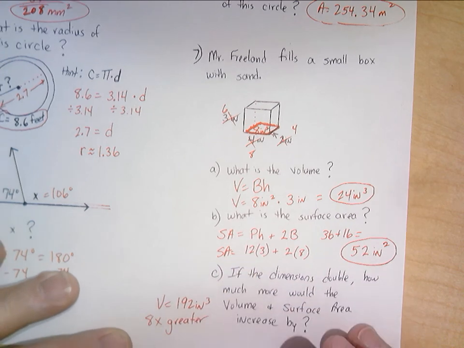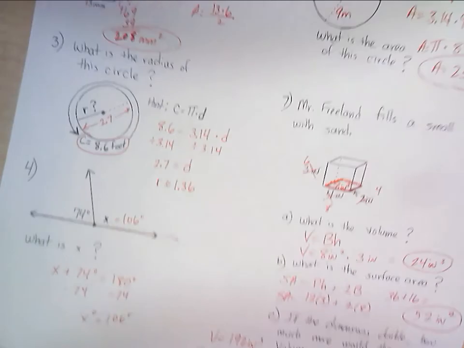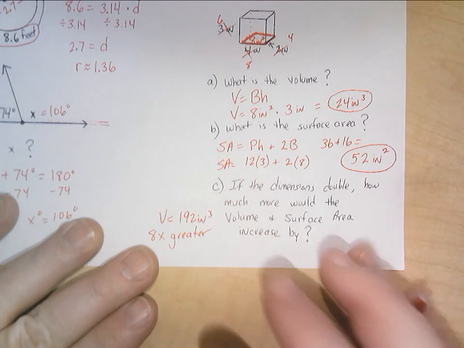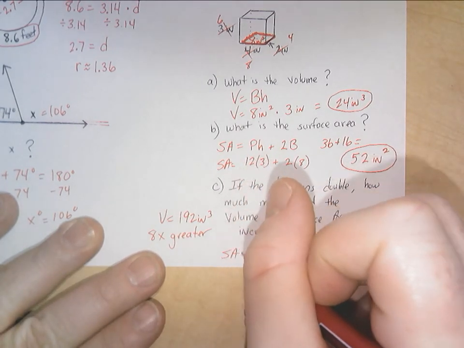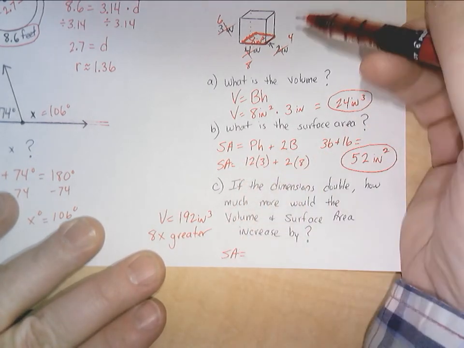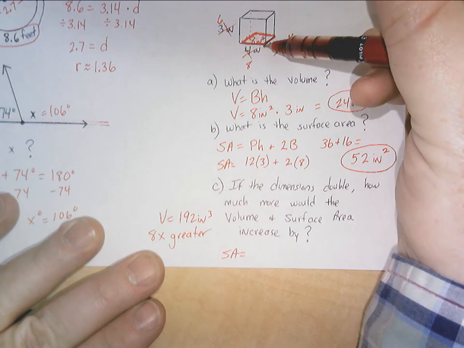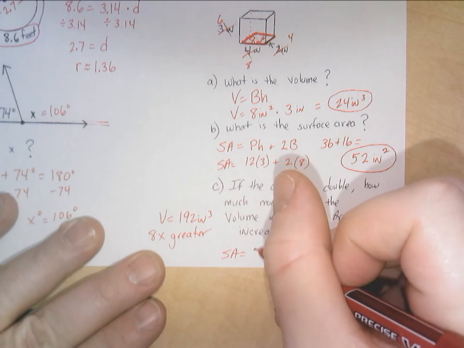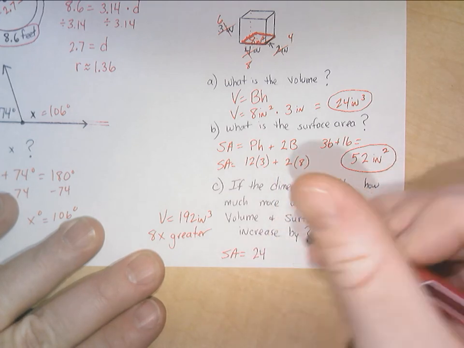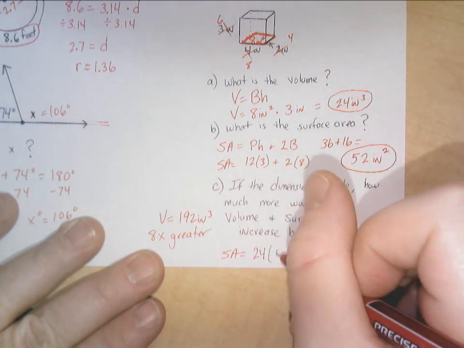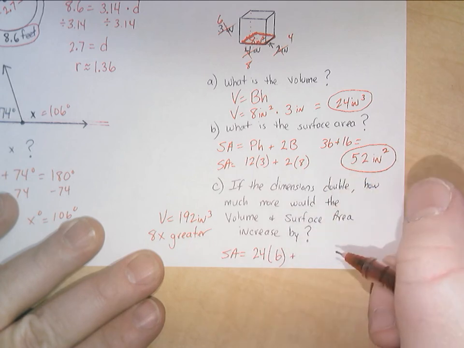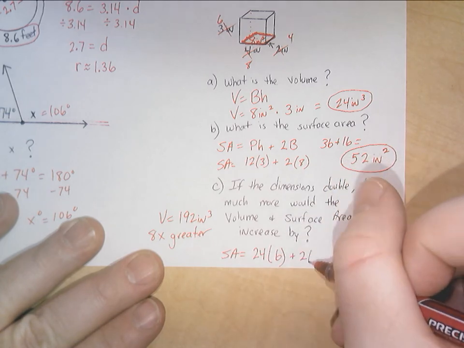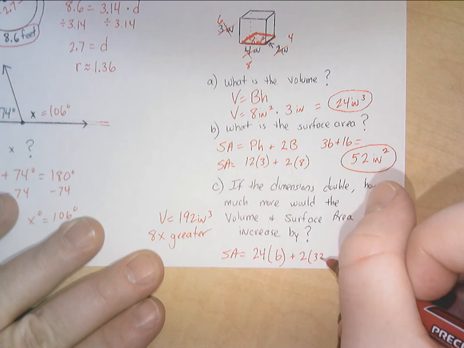And then for surface area, we'll do the same thing. The perimeter in this case would be 8 plus 4 is 12, plus another 12 is 24. So the perimeter is 24. The height instead of 3 would be 6, plus 2 times area of base. The area of base would be 32.